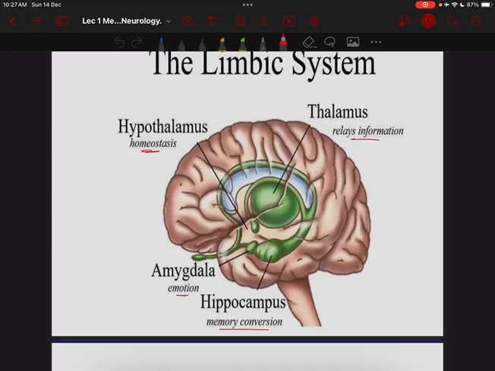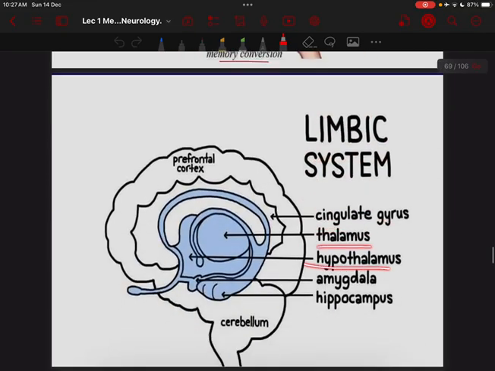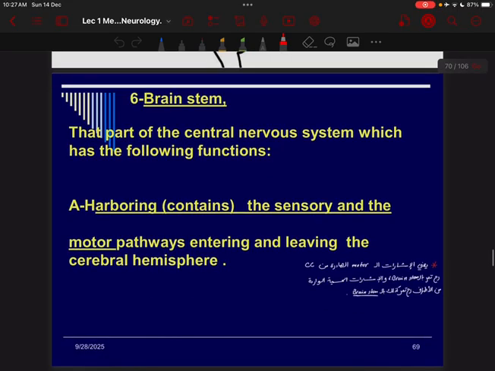And the thalamus, and the hypothalamus, the limbic system. This is the limbic system, cross-section: hippocampus, amygdala, hypothalamus, and thalamus. Okay. إذا خلصنا السيربرال كورتكس ندخل جوا على البرين ستيم مرة ثانية ونتكلم إنه in that part of the central nervous system has the following functions. It is number one.